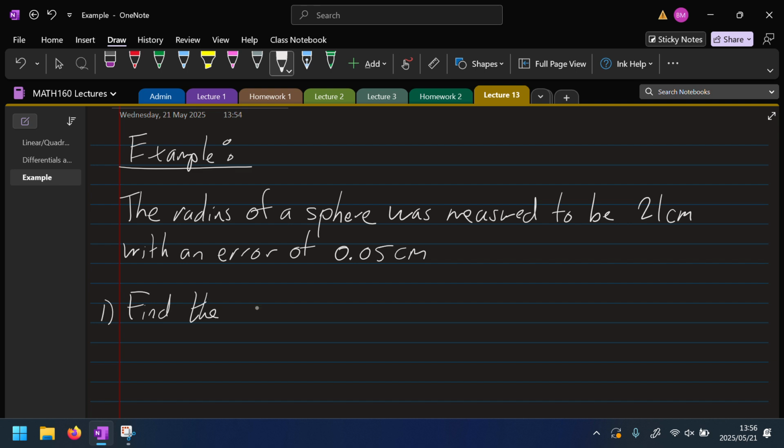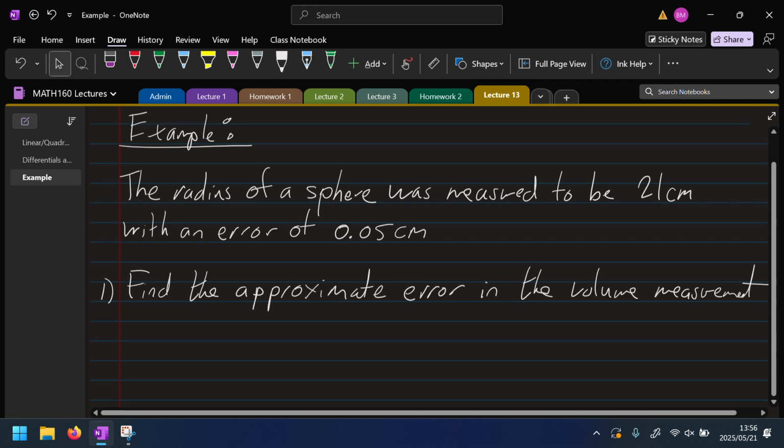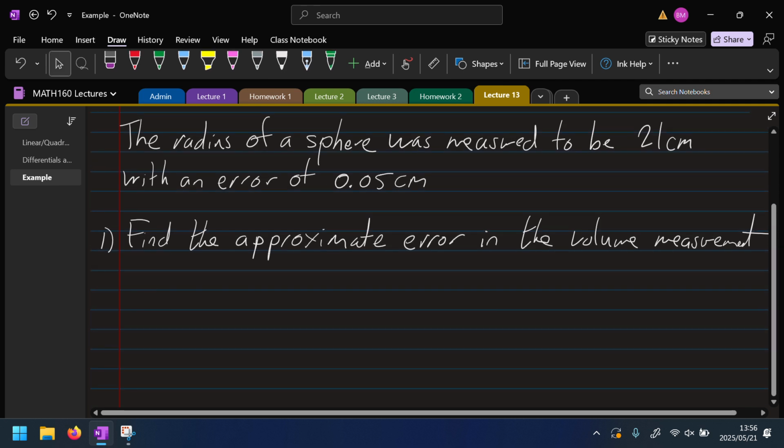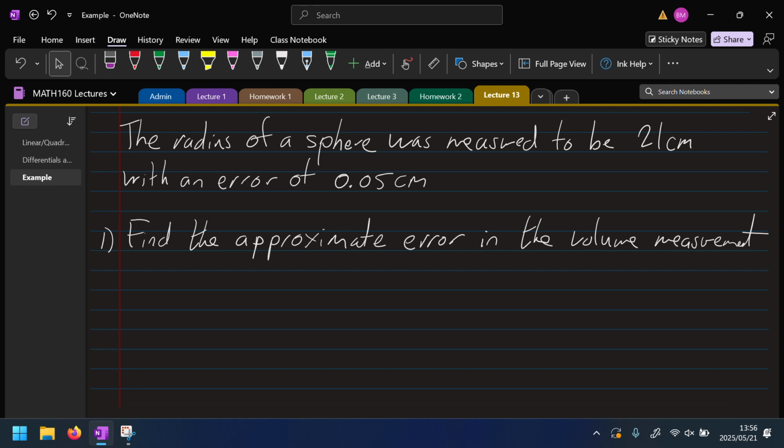Find the approximate error in the volume measurements. And again, like before, the volume of a sphere, cone, cylinder, all of those shapes, please make sure you know them. They will not be provided. Volume, surface area, all of that stuff.